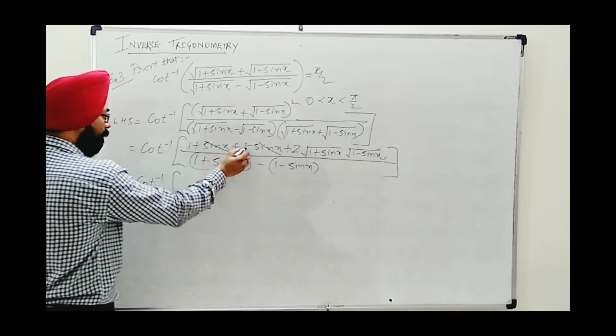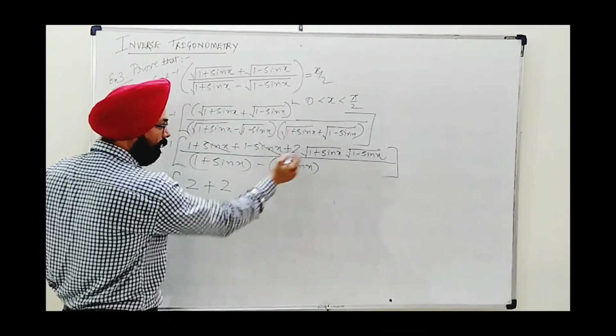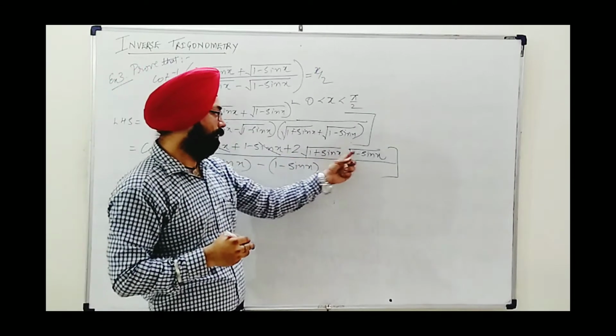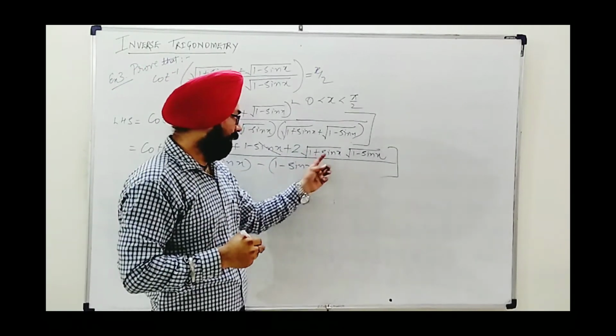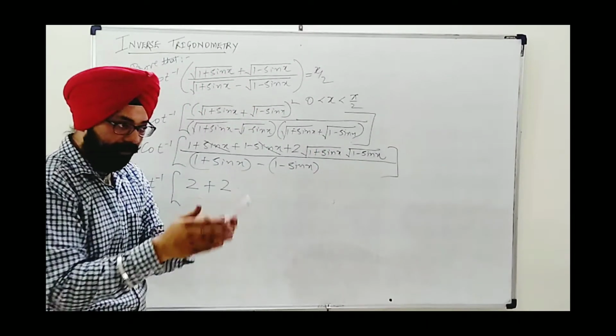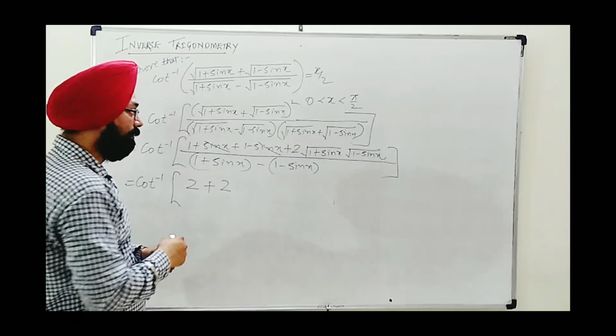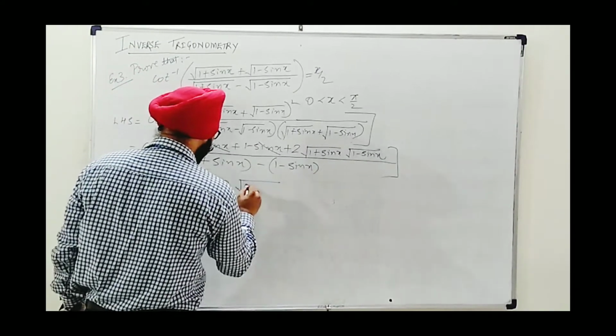Cot inverse, 1 plus 1 is 2, plus 2. You see that these two are square root terms, so they will be multiplied inside: 1 plus sin x, 1 minus sin x. By multiplication that will become a plus b, a minus b, meaning 1 minus sin square x.